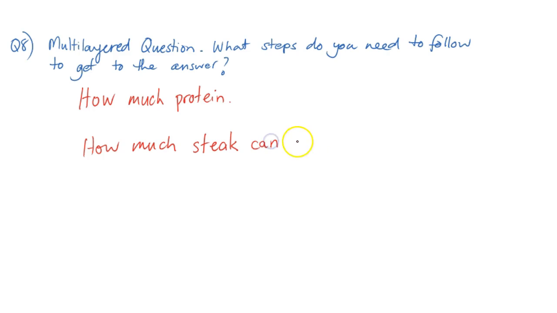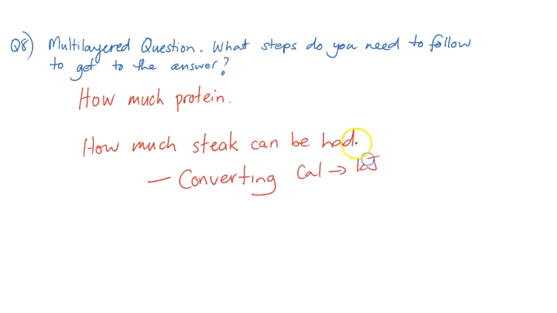Now, when you're doing that, you have to be considering converting stuff, because they're giving you things in calories, whereas you need it in kilojoules. And you need to do some division or multiplication in there to change kilojoules back into how many lots of 100 grams you can eat.